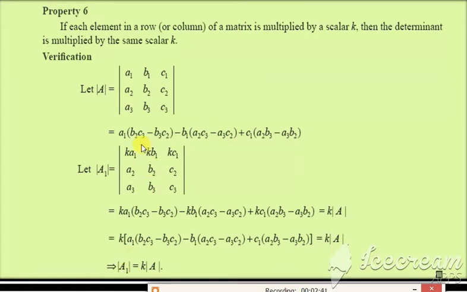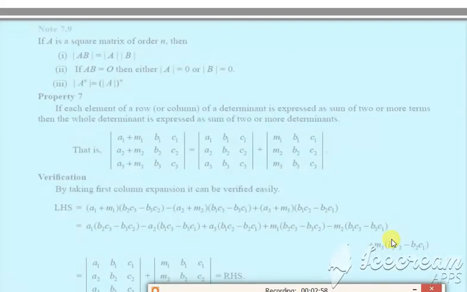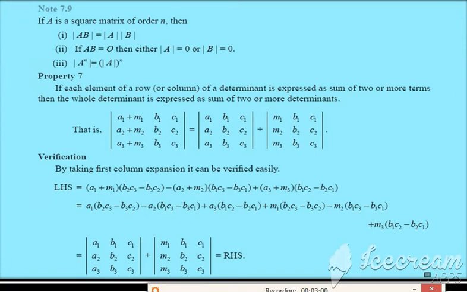This value I have written, I can write into a determinant of A1 B1 C1, A2 B2 C2, A3 B3 C3. Same as the next one, this value I have written in the determinant of M1.